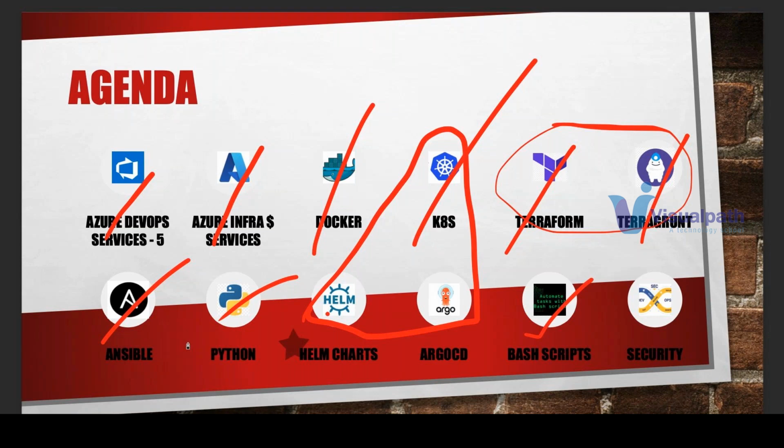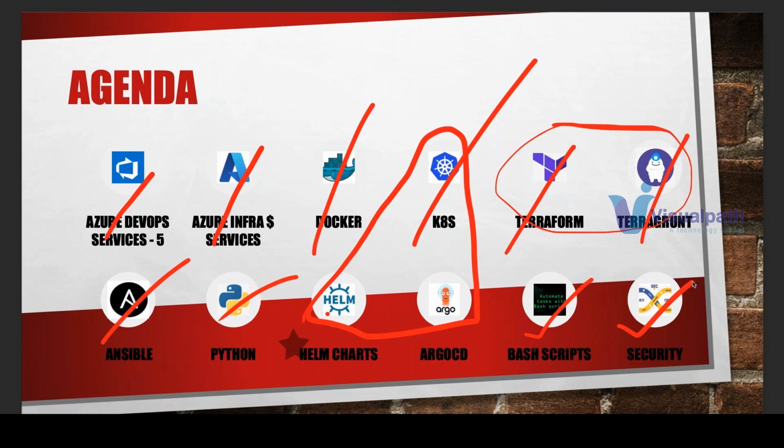And finally, security. Coming to security, especially in the DevOps world, we are very much interested in deploying the application using infrastructure services, but we never care about what kind of deployment we are making, whether it is exposed to the internet, or whether there are any exploitations in our deployments or in our code.